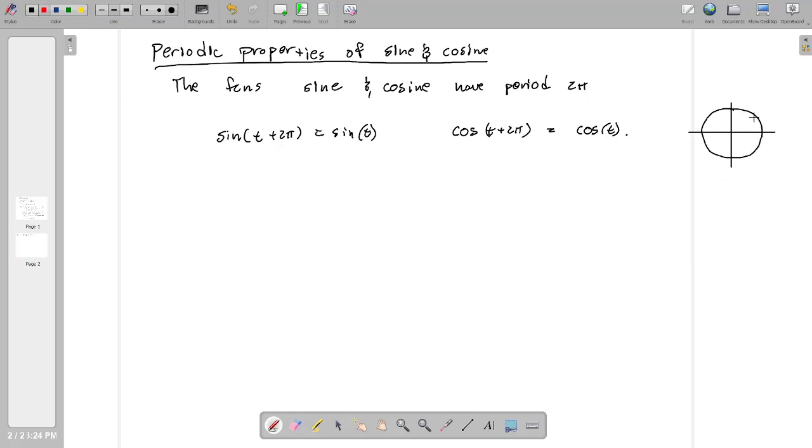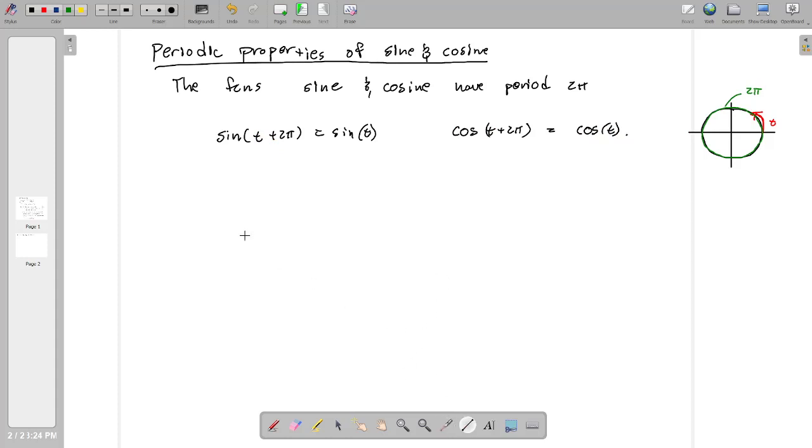So if we rotate to here as our t value, and then we go a full circle from there all the way around, this green would be just 2 pi. So we would move t, and then another 2 pi, we would end up in the same exact spot. So this should make sense that these will be periodic in this way.